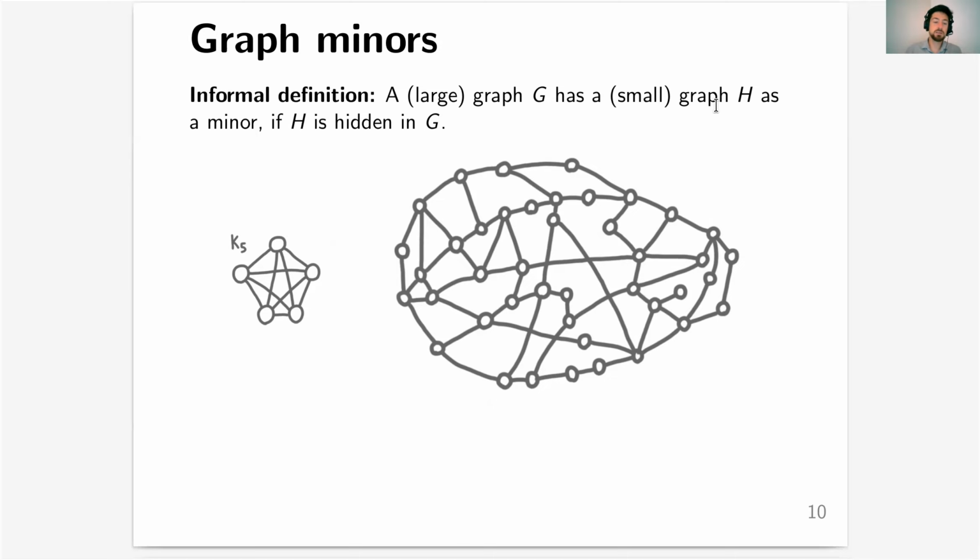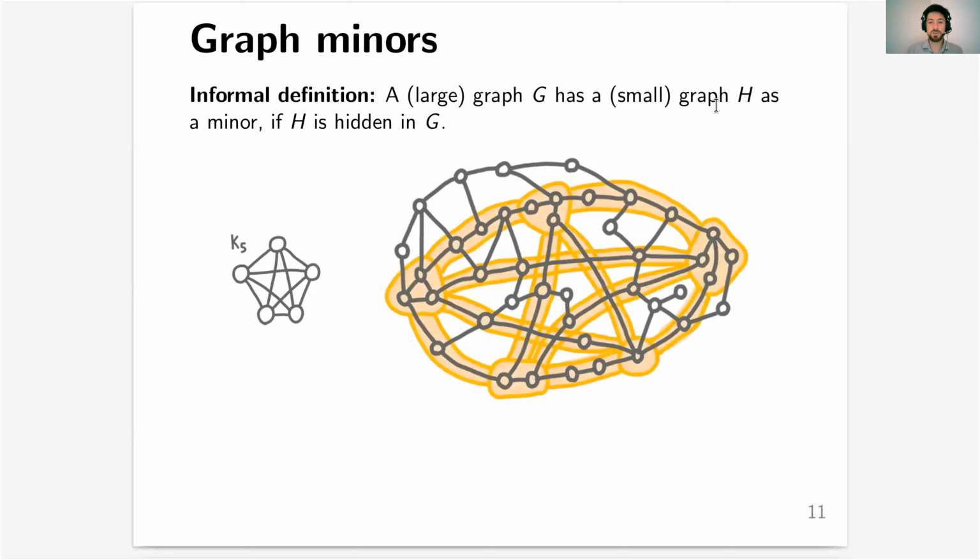So here, if I give you this graph K5, so a clique on 5 nodes on the left, it's not clear what I mean by hidden in the right graph, but here is a way to see it much clearer. I can make groups of nodes and make paths, etc., such that I have this K5 that somehow appears. Okay, so that's the informal definition.